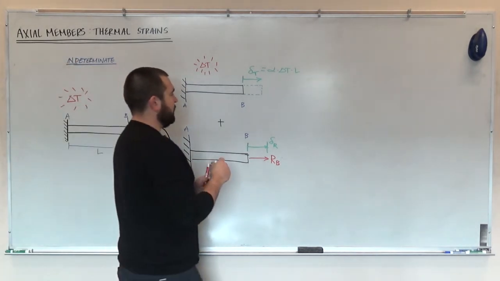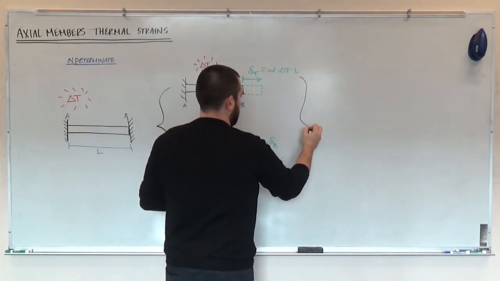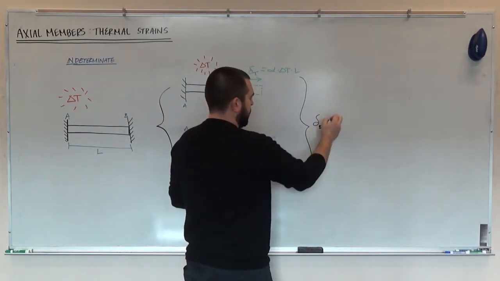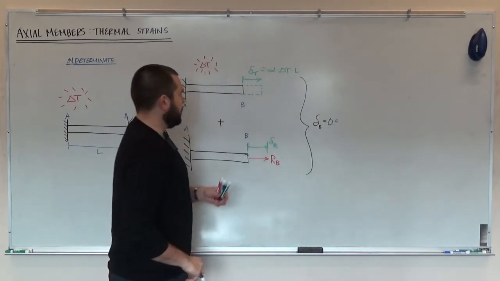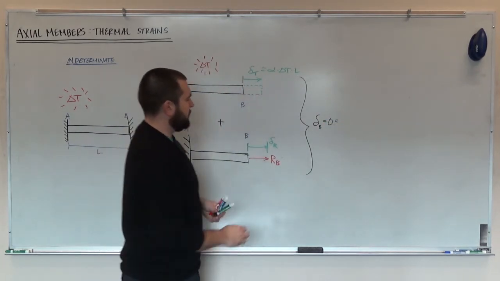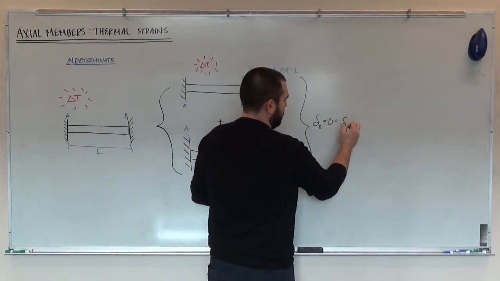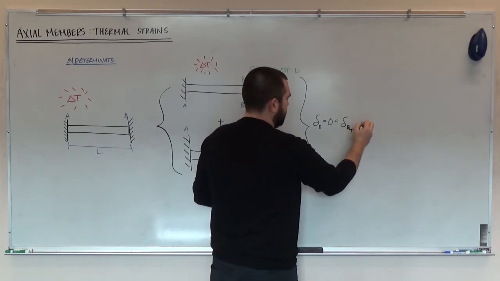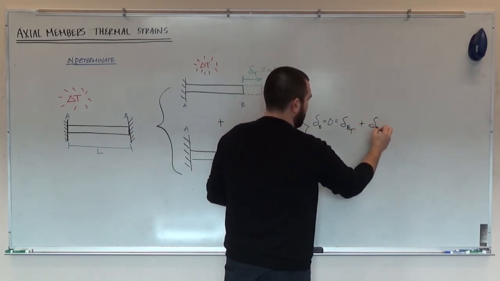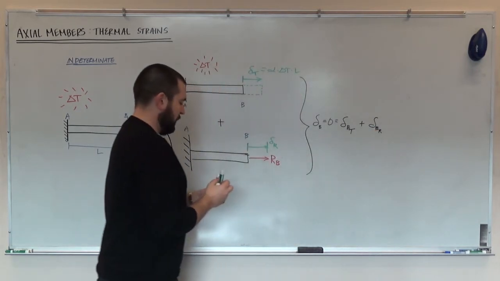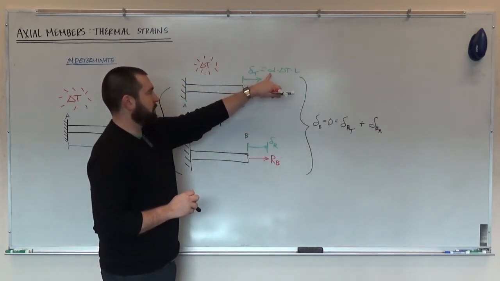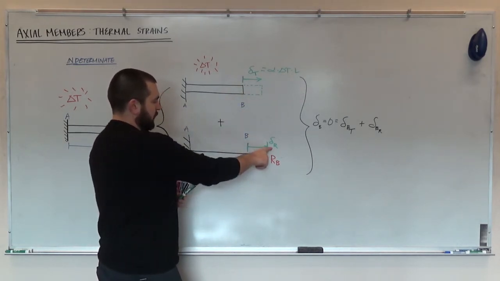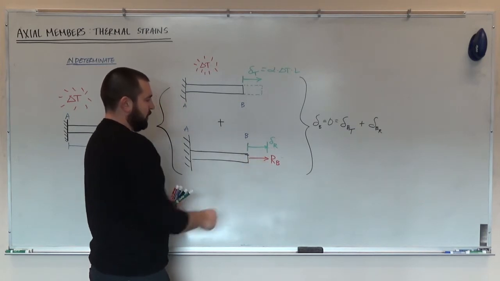And so kind of combining these two back down together, I know that the total deflection at B equals 0, and then I can also write the total deflection of B as equal to delta T plus delta R. So this is the change in position of B due to the thermal effects plus the change in location of B due to the reaction R. We already have the equation for delta T. That's alpha delta T L. The equation to calculate the change in length of point B due to this applied load R_B.